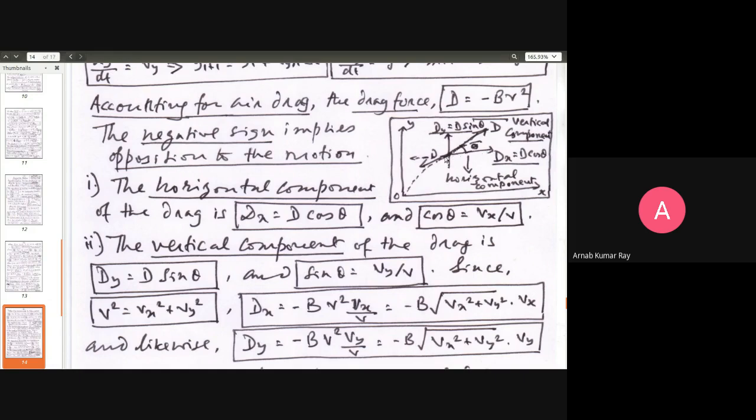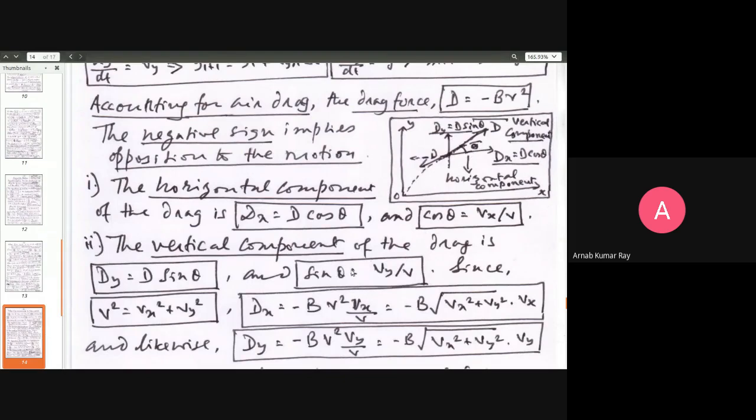Vx is the x component of the velocity, and cos theta is Vx by the total velocity, and sine theta will be Vy by the total velocity. I hope you have not forgotten that. V is this, Vx is this, Vy is this. Vx is along the horizontal direction, Vy is along the vertical direction.